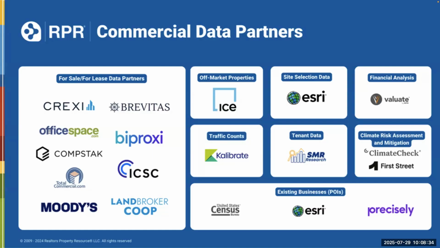We do get for sale and for lease active information from not only the MLSs and commercial information exchanges that participate, but we also have data partners, which include Crexi, Brevitas, Office Space, by proxy, ICSC, Total Commercial, Moody's, and Land Broker Co-op. So that's where our active information comes from.